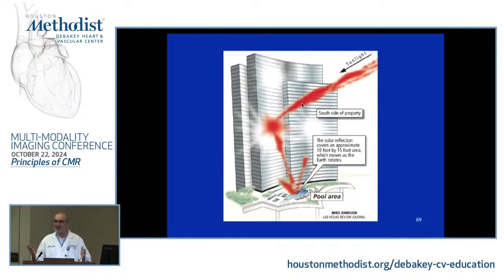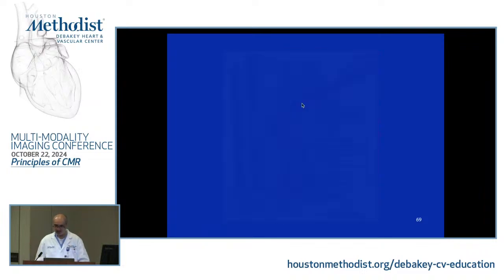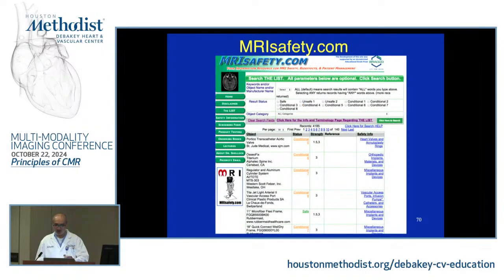But modeling is not perfect, and you may not always catch it. So you always have to have an index of suspicion: if the patient looks like they're having a problem, even though it's an MRI conditional device, I've got to stop here and take a closer look. All right, so that's the one thing I want everyone to understand when we talk about safety. This applies to MRI, but really applies to everything.